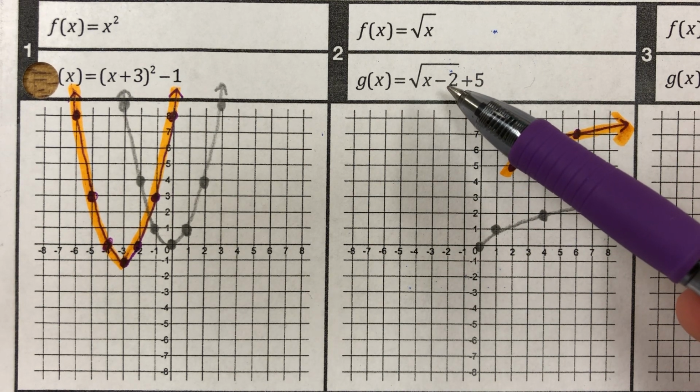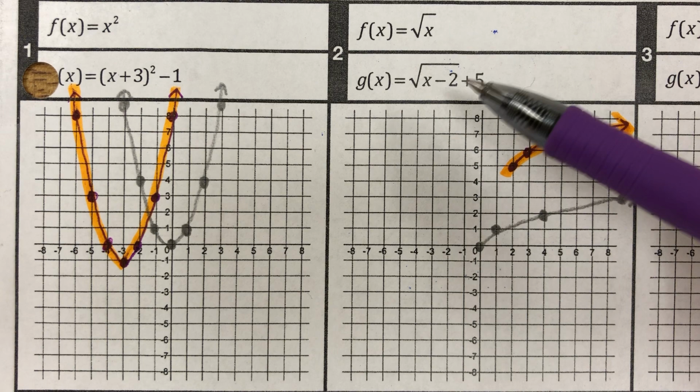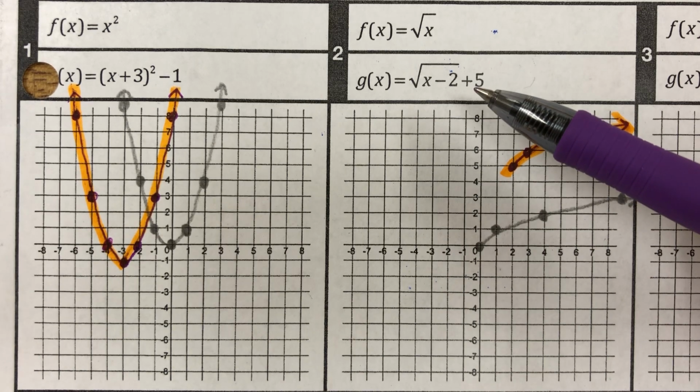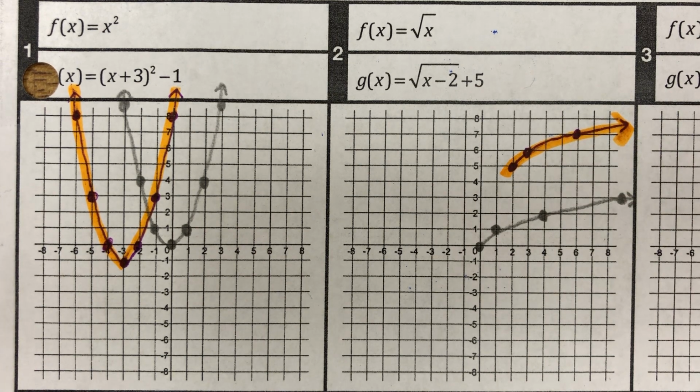A C value that's positive will move it to the right. A C value that's negative will create a plus here and move it to the left. A D value that's positive will move it up, just like we would imagine, and a D value negative will move it down. Hey, go ahead and try 3, 4, and 5 for yourself, and then you can check the answer key that I've left you. Good luck.